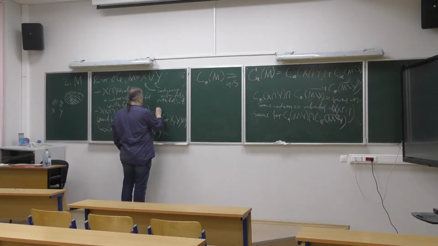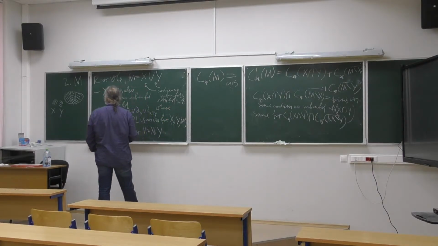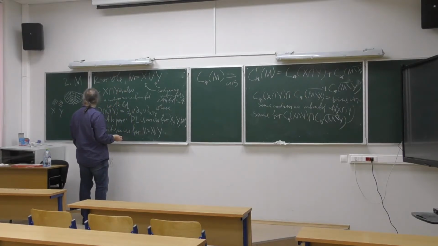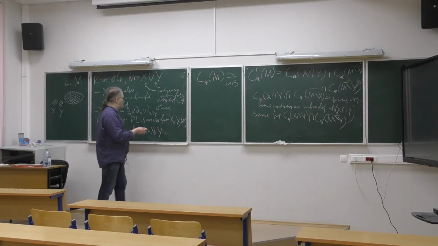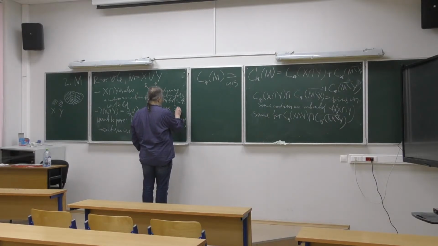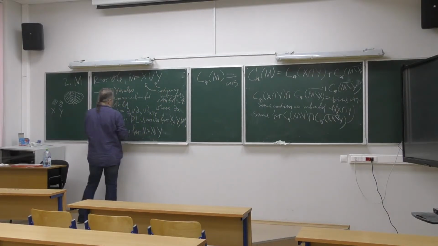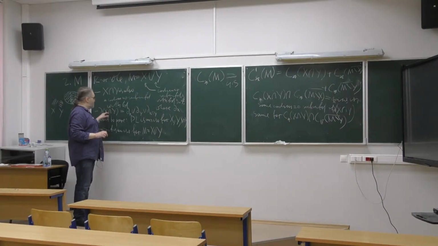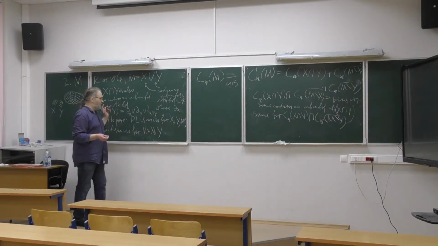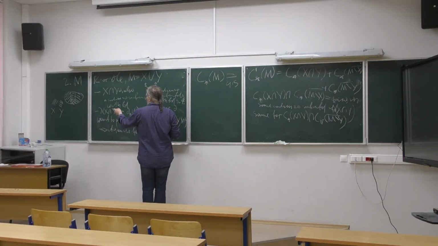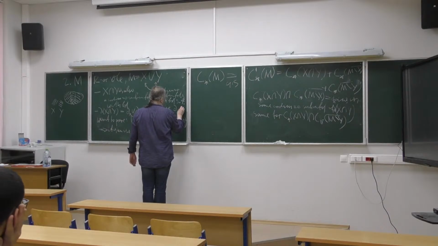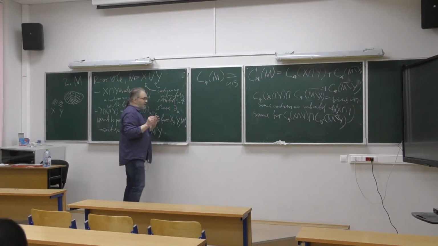The boundary of x intersected y is made of 3 parts: delta x, delta y, delta x cap y, where delta x is, okay, now it gets technical.